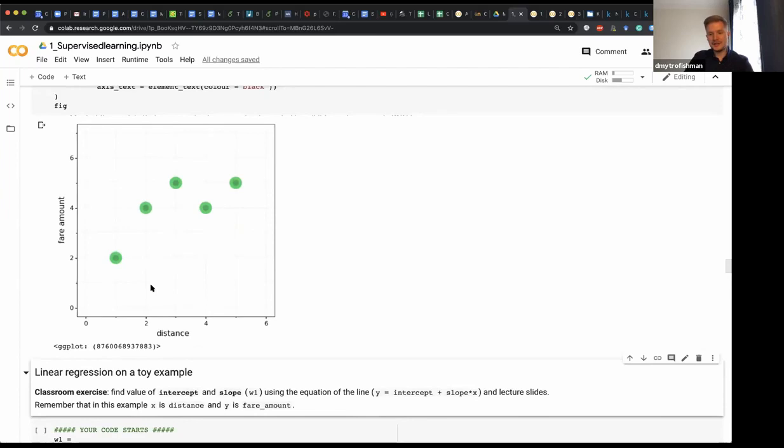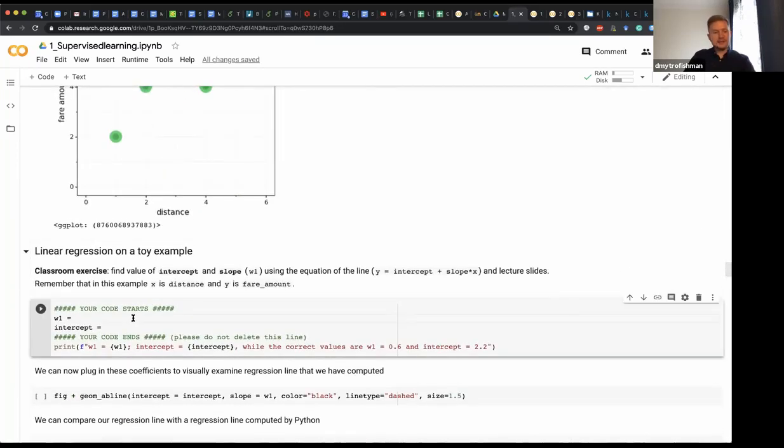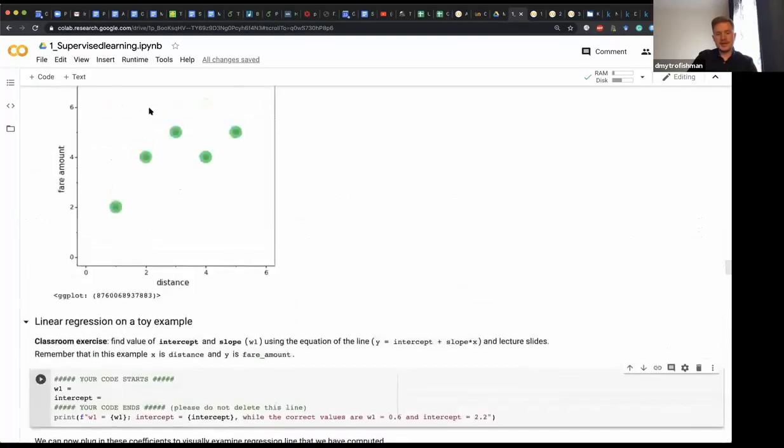Any questions here? Okay, nice. Since you don't have questions, please use my lecture slides that you can open in a separate window by going to the Moodle website and finding the classification or supervised learning lecture slides, and fill in the formulas for W1 and intercept here for this example data.